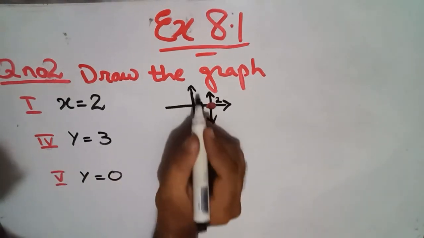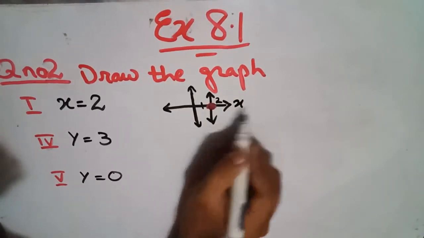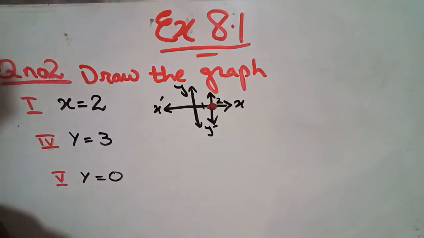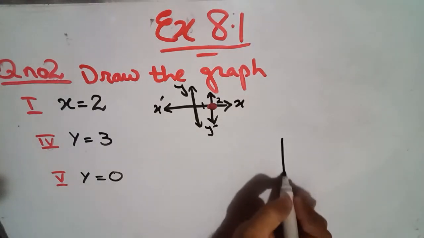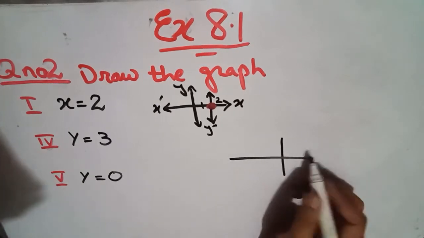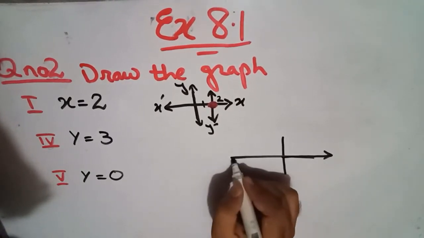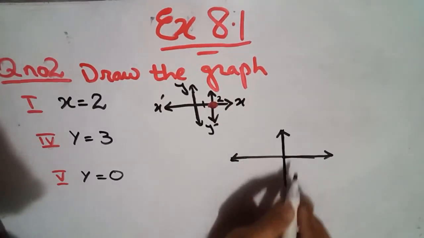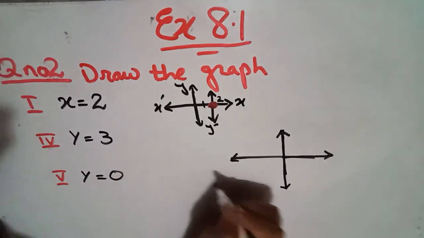Okay, this is the y-axis, this is the x-axis and y-axis, negative x-axis and negative y-axis. Simply you are representing it on the point 2, because here the value of the x is considered, value of the y is considered 0. Okay, similarly for the fourth part, there we have y is equal to 3.